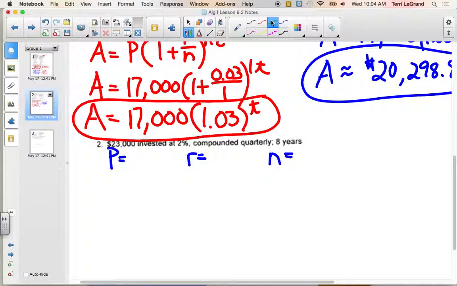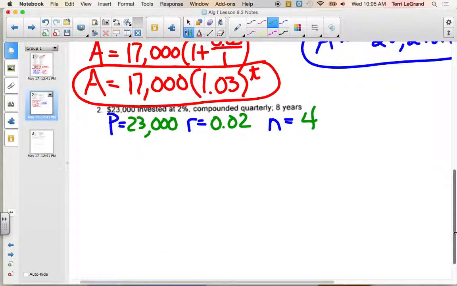So what should we have for our principal? 23,000. What should our little r be? 0.02. What should our n be? 4, compounded quarterly, 4 quarters in a year.